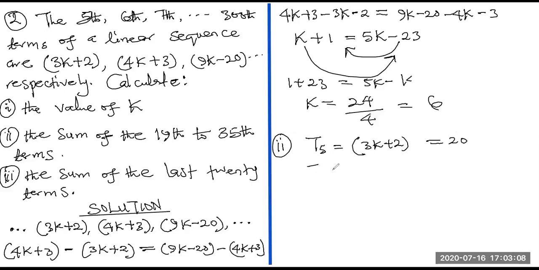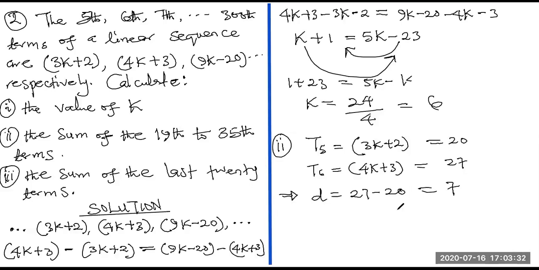The sixth term was given to us as 4k plus 3. When we put k equals to 6 there, 6 times 4 is 24 plus 3, we have 27. So you can now see that the 6th term and the 5th term will give us our common difference. Our common difference is equals to 27 minus 20, and that will give us 7. So we have a common difference of 7.